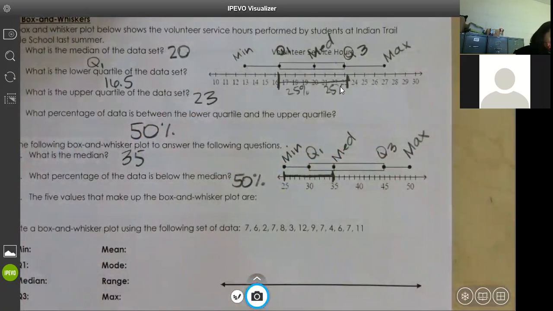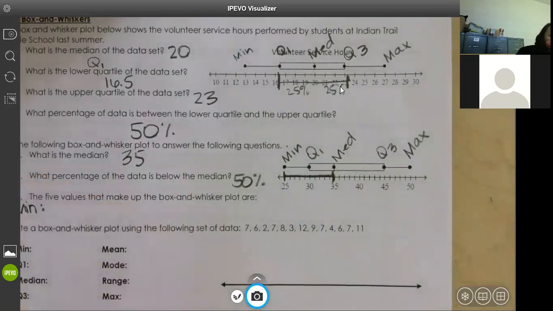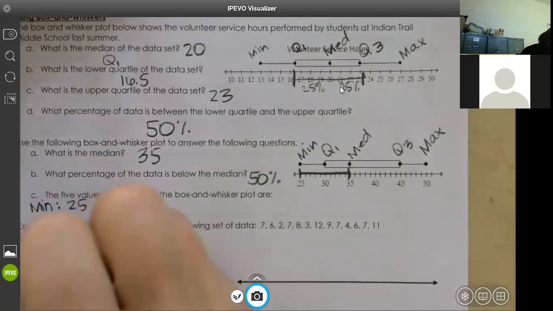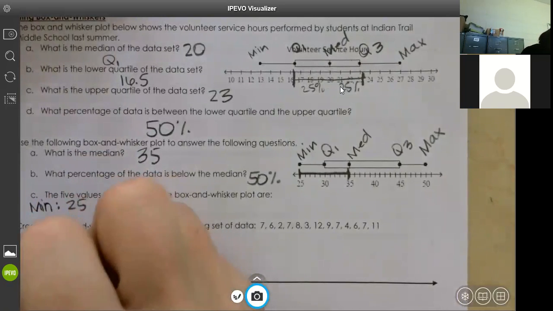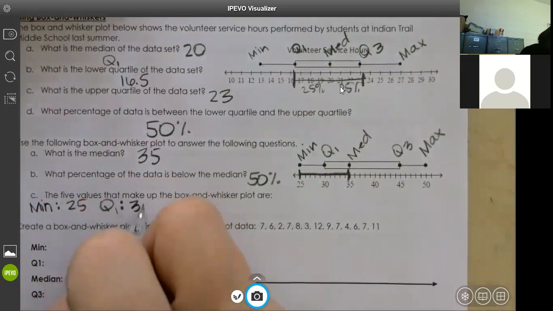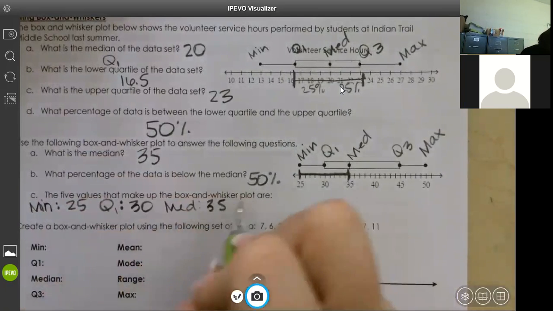The 5 values that make up the box and whisker plot are, your first one is your minimum. What is your minimum? Yeah, 25. Your Q1, where is it at? Your median, we already said was at 35.